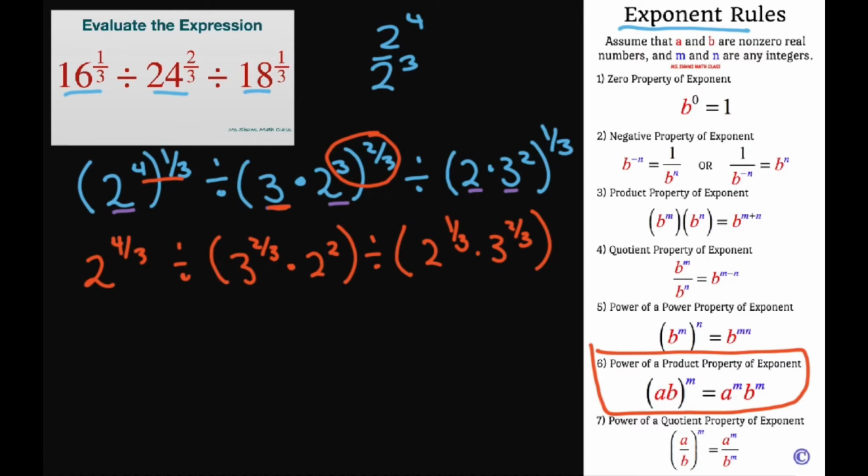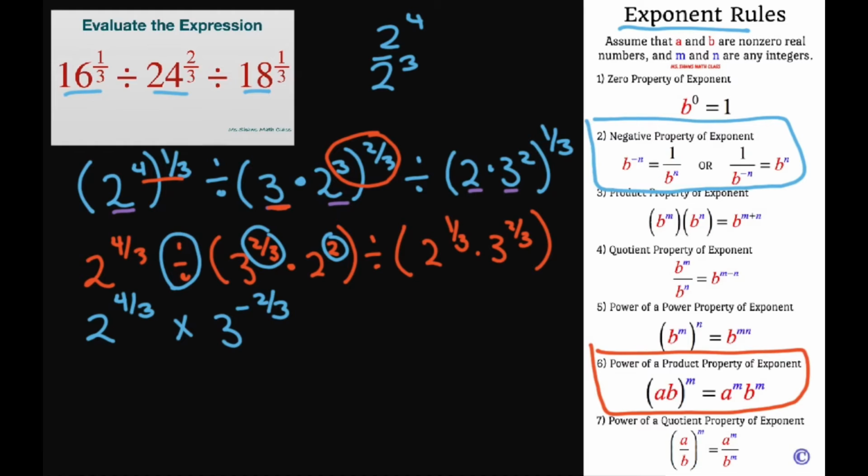All right. Now, what I can do is switch this around and make it all multiplying. And the way you can do that is write the first term, 2 to the power of 4/3. And then instead of divide, change that to times, but then you have to change your exponents here. So this is going to be times 3 to the power of negative 2/3, right? Because of your negative exponent.